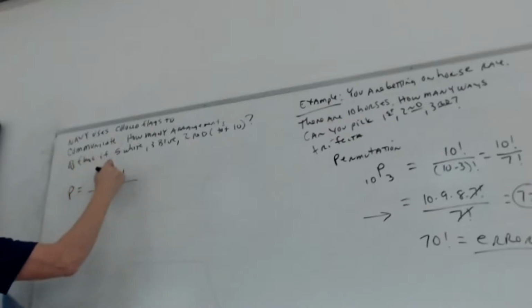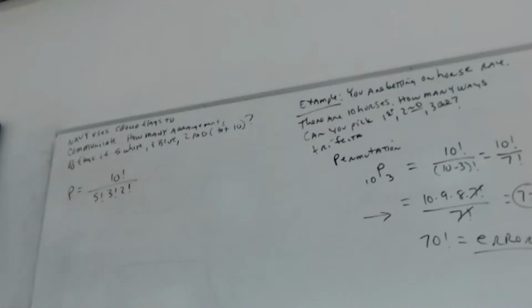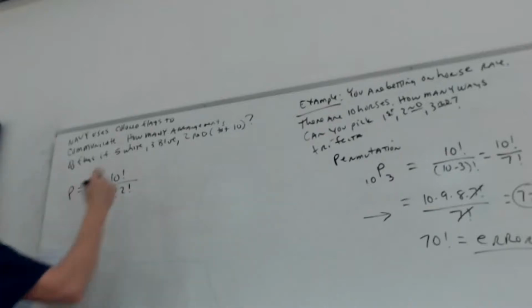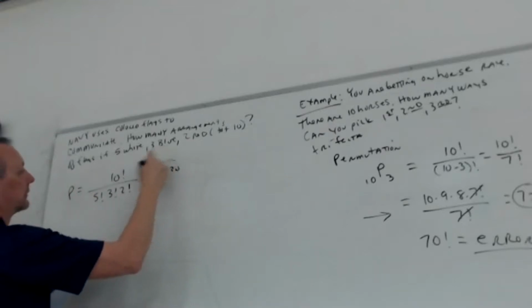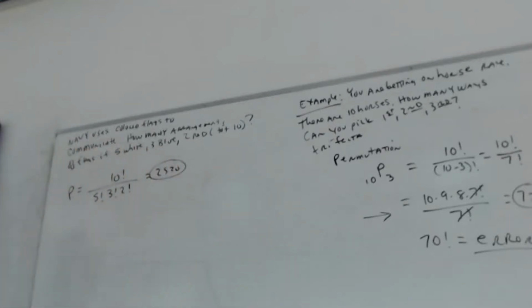We've got 10 factorial over 5 factorial, 3 factorial, 2 factorial. And that, plug it in your calculator, should be 2520. Does that make sense? All right.